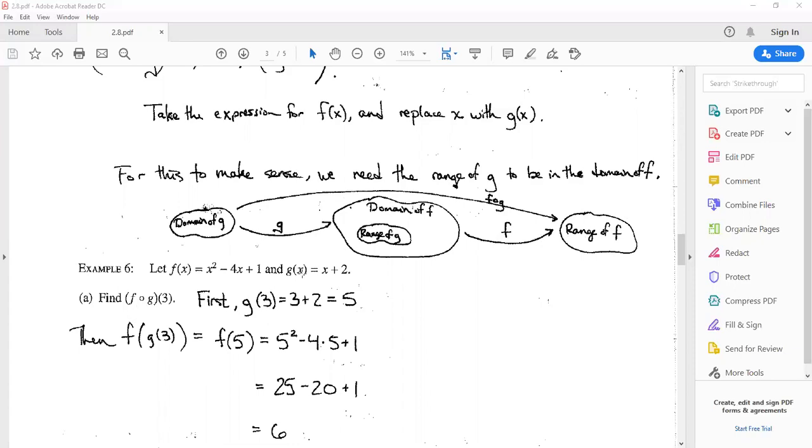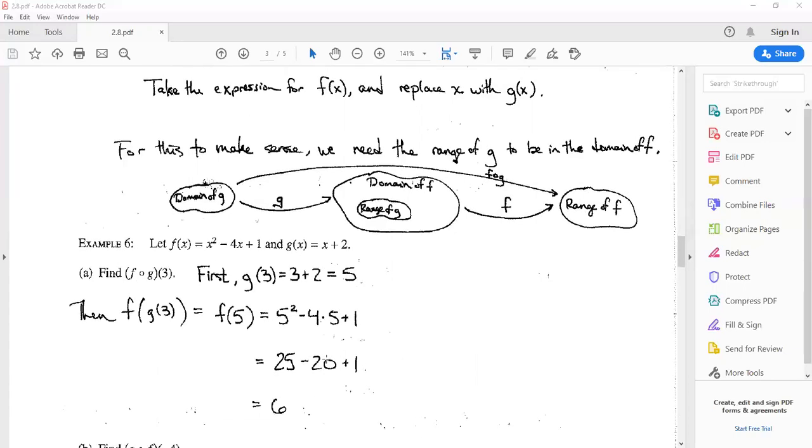And what do we get? g of 3 is 3 plus 2, which is 5. Now, f of g of 3 is going to be f of 5, because we evaluated g of 3 to get 5. And so f of 5 is 5 squared minus 4 times 5 plus 1. That's 25 minus 20 plus 1, which I believe is 6.